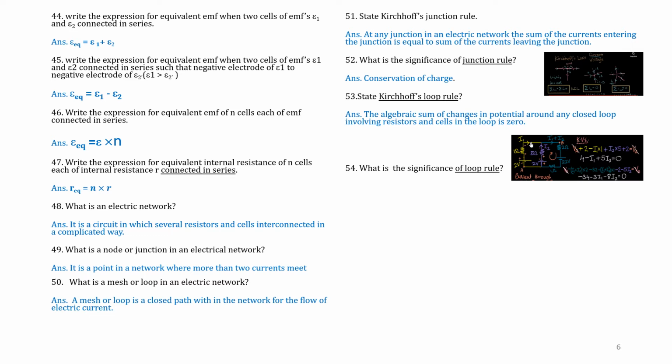Question number 55. Write the condition for balance of Wheatstone's network. Answer. At balance of Wheatstone network, the resistances are such that the current through the galvanometer Ig is 0. That means at balance, the current through the galvanometer is 0. That is the condition of balance.